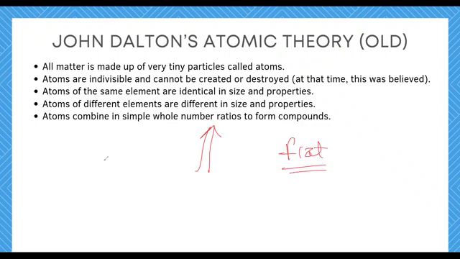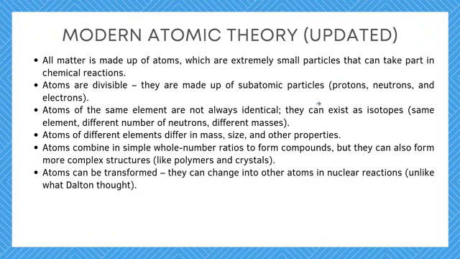But as more discoveries were made, scientists discovered that no, the world was not actually flat. The world was round, or in a spherical shape. In the same way, as scientists made more discoveries, there were some things in this atomic theory that they found out to be not absolutely correct, and they made some adjustments to the theory, and that's why today we have the updated form of the atomic theory.